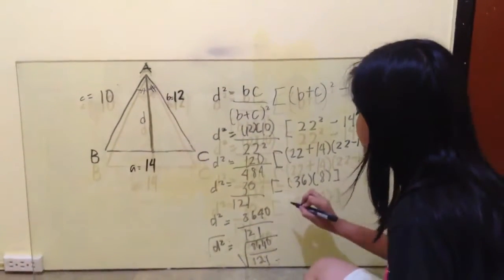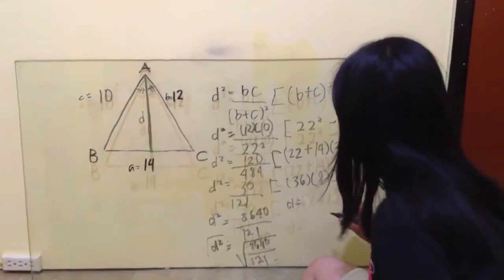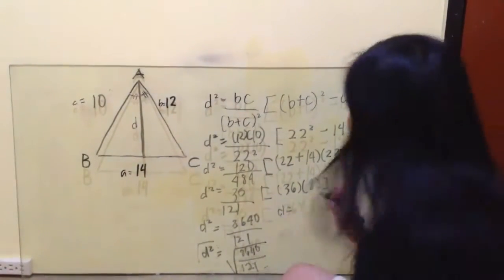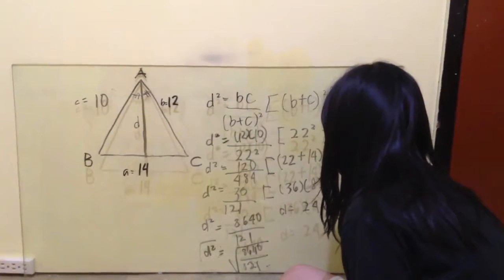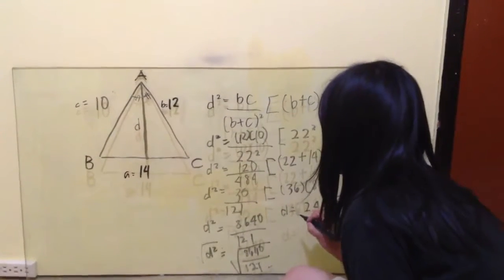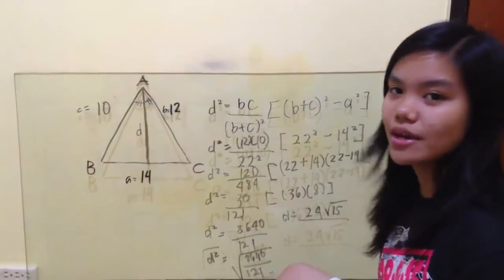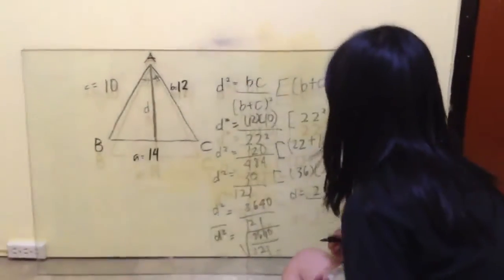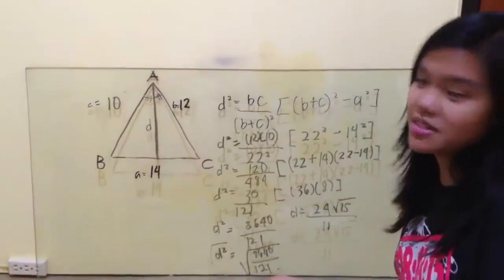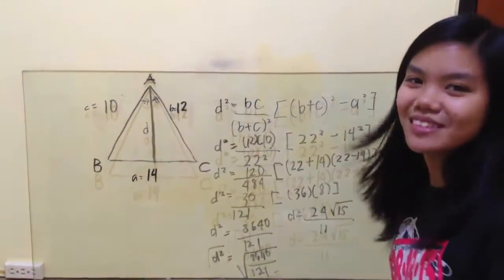So d is equal to the square root of 8,640, which is 24 square root of 50, and the square root of 121 is 11. So this is the length of the angle bisector.